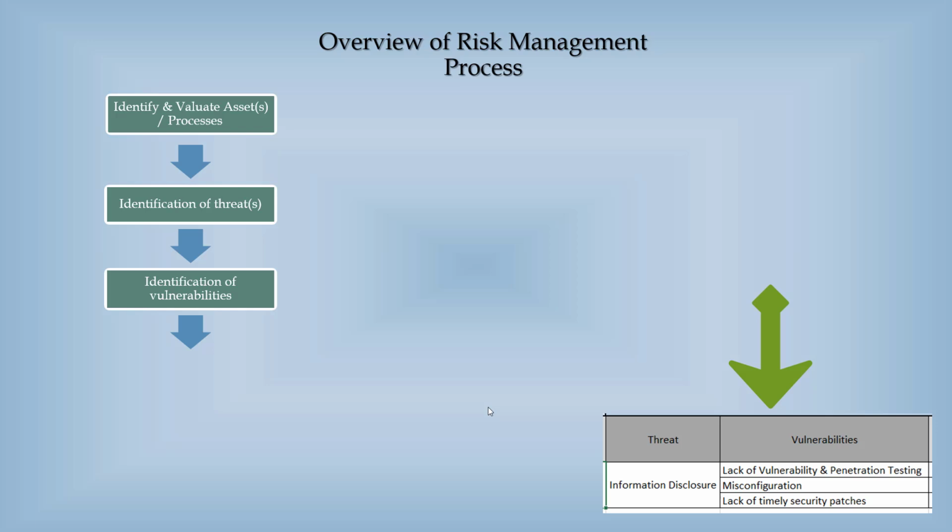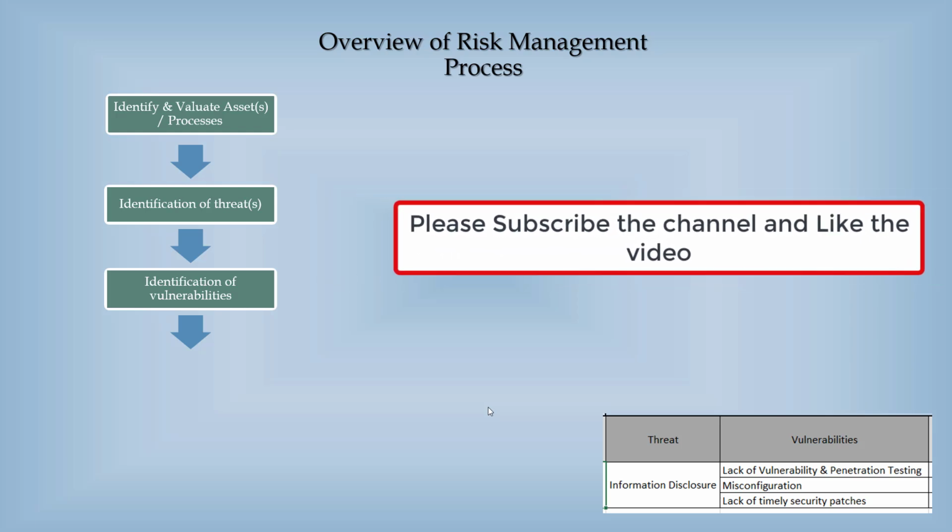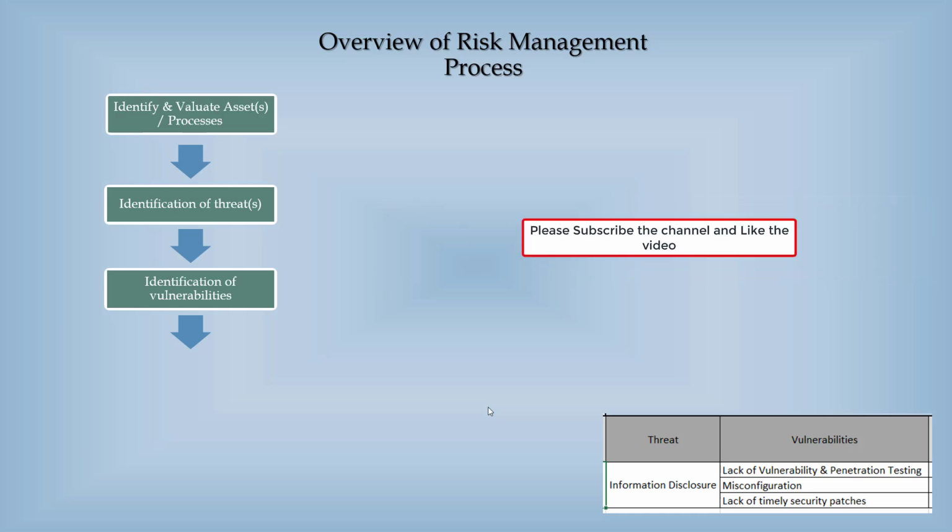On the right bottom screen you can see that the threat information disclosure can exploit lack of VAPT, vulnerability assessment and penetration testing. It could be exploited if there is a misconfiguration in an asset, or if the asset is not timely patched with security patches released by the vendor. So this is one of the examples. There could be a lot more vulnerabilities, and a lot more threats mapped with various vulnerabilities.